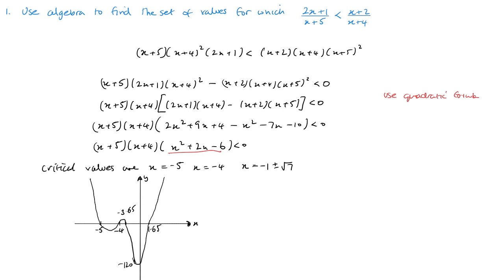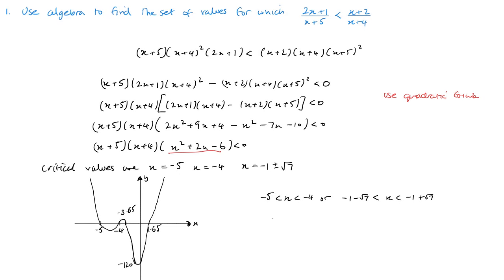So x is less than minus 4 and greater than minus 5, or now it's minus 1 minus root 7, that's -3.65, so it's greater than that and less than minus 1 plus root 7.